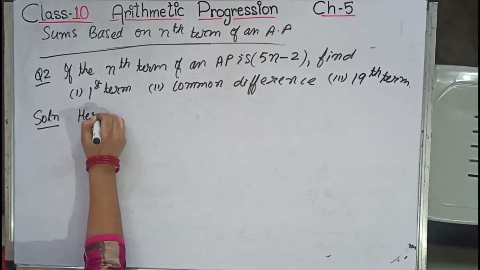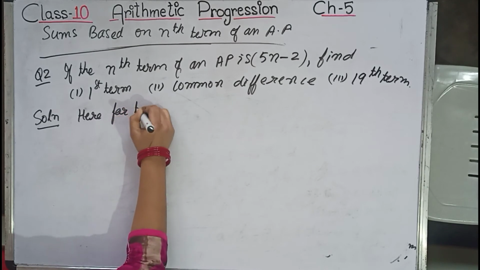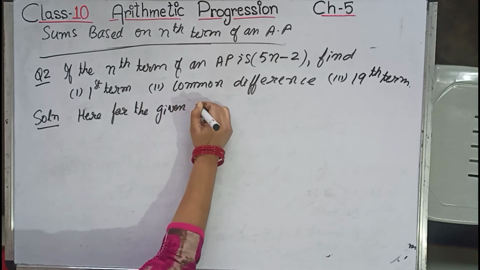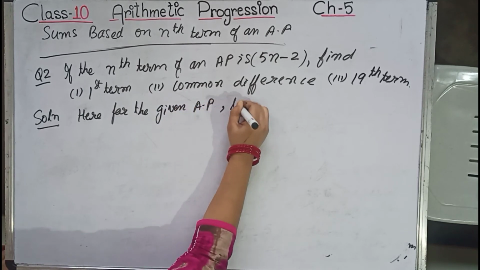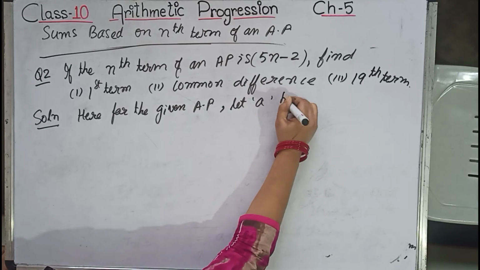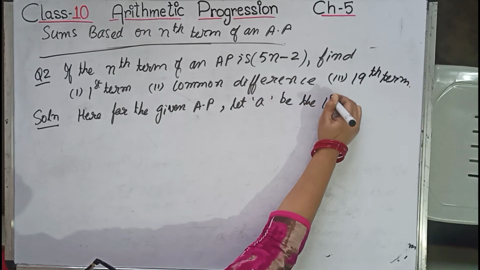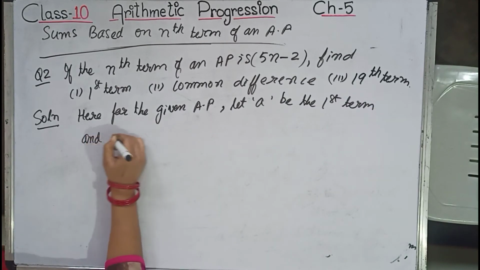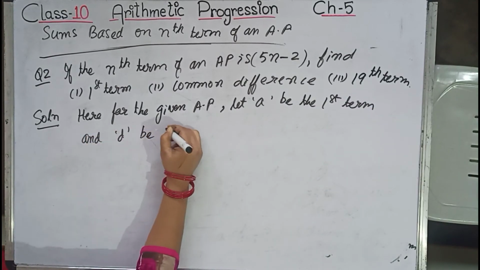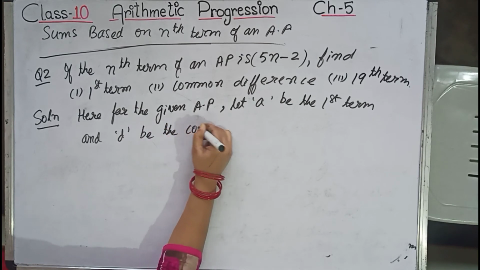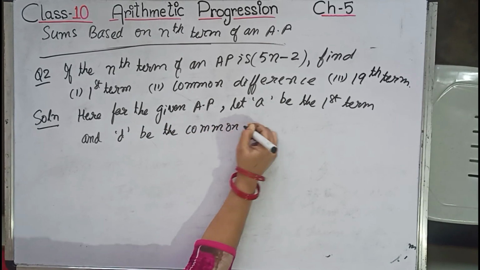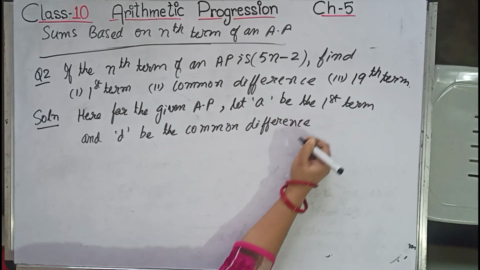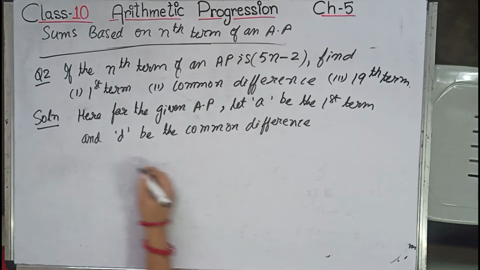Here, for the given AP, let A be the first term and D be the common difference. Means I am considering an AP in which A is the first term and D is the common difference.